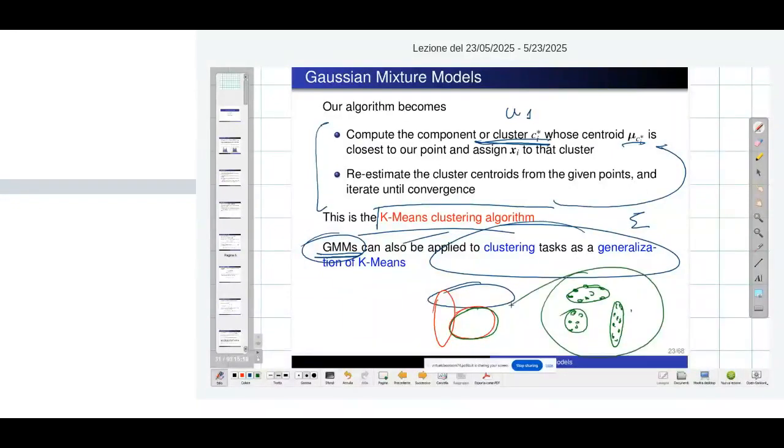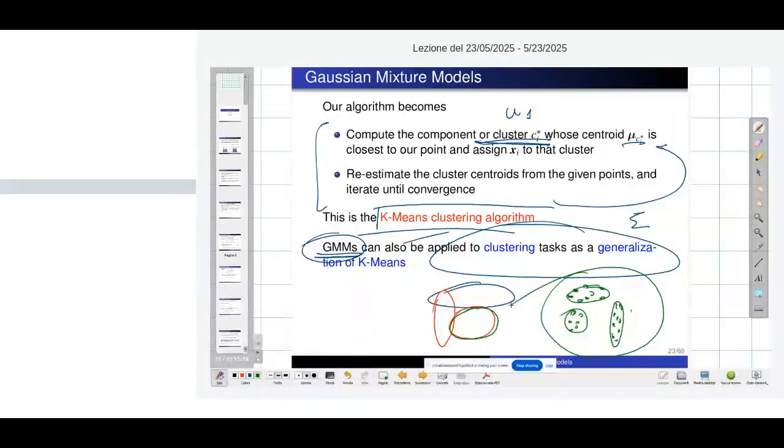Not only that, the GMM may also help in finding a solution that gives us soft assignments, that is, it does not just give us the cluster label, but gives us the probability that a sample belongs to a given cluster. So we can, with the algorithm that we see now, learn a GMM, and once we have learned the GMM, we can still, if we want to do clustering, assign cluster labels using cluster posterior probabilities.